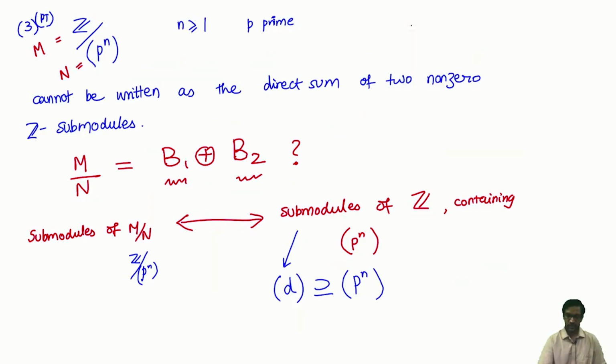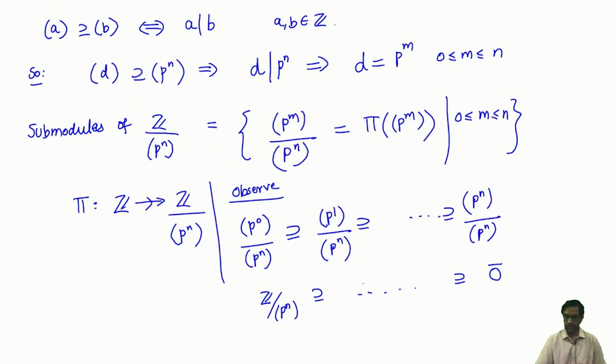So I'm trying to say, can I write this as some B1 direct sum some B2? Well, B1 and B2 must both occur somewhere in this chain, right? If I could write it as B1 and B2, B1 must be one of them, B2 must be another, both occurring inside this chain.